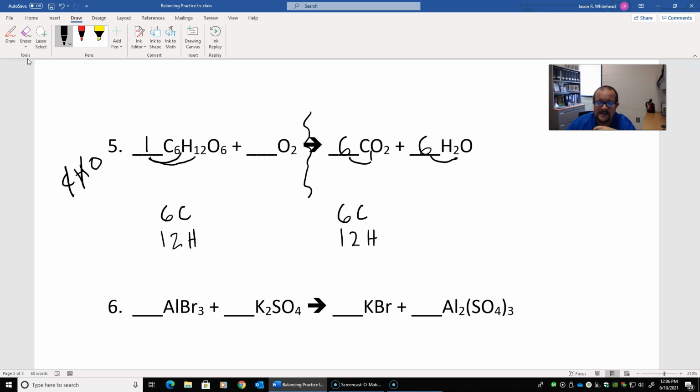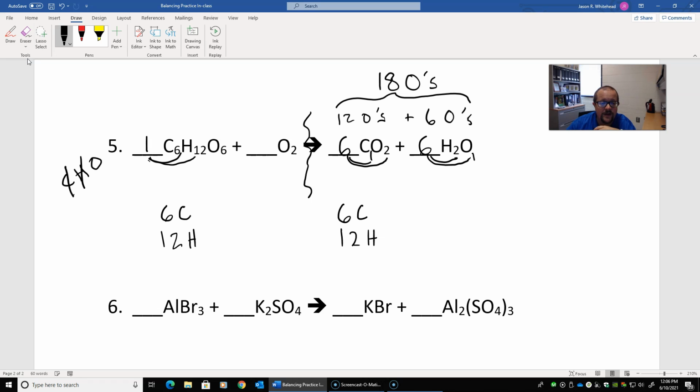So here I've got 6 times 2. So here that gave me 12 O's. And here I have 6 times 1. So that gave me another 6 O's. So in total, that gives me a total on the right-hand side of 18 oxygens. So over here on the left, on the reactant side, I also need 18 oxygens.